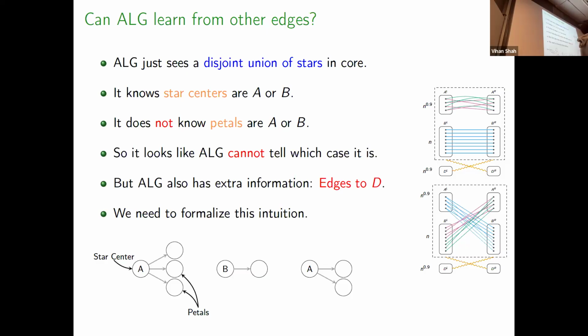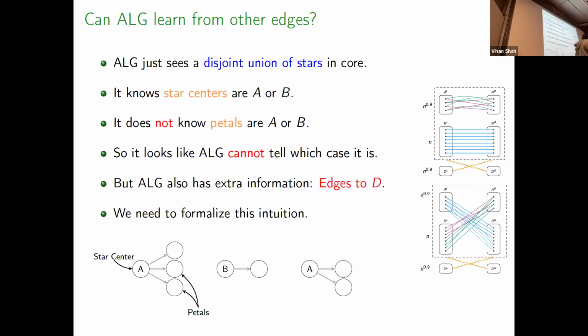So we need to formalize this algorithm. What do I mean by this? For example, for a vertex, if I see its degree minus 2 edges to D, then I will know for sure that this has to be a B vertex, because the difference in the number of D edges between these two is like n to the 0.1.